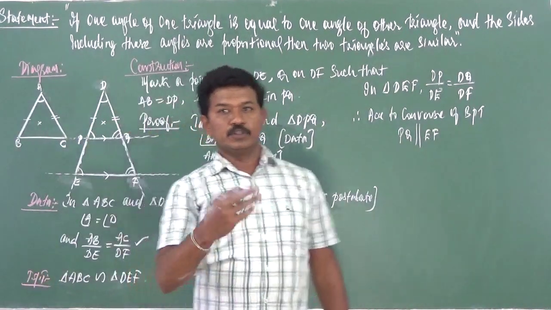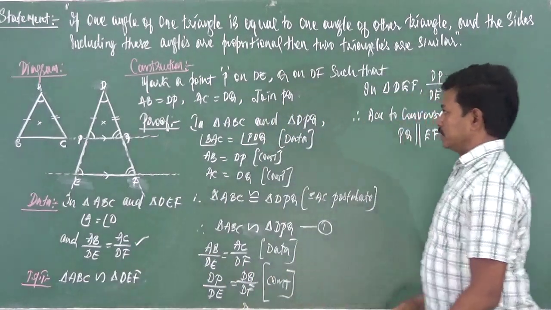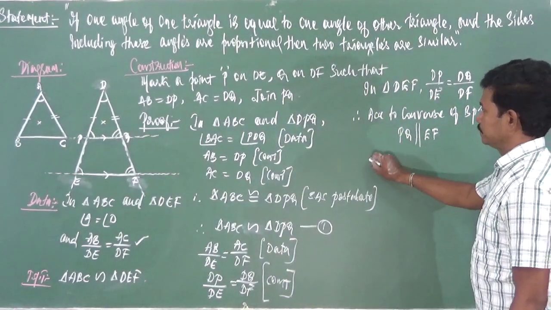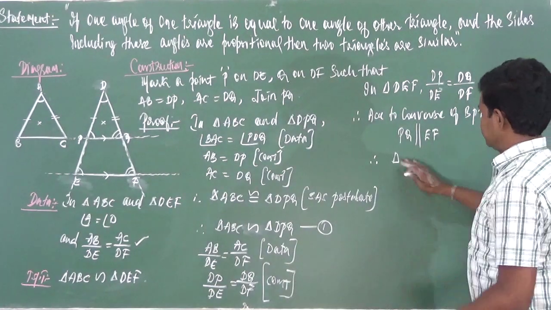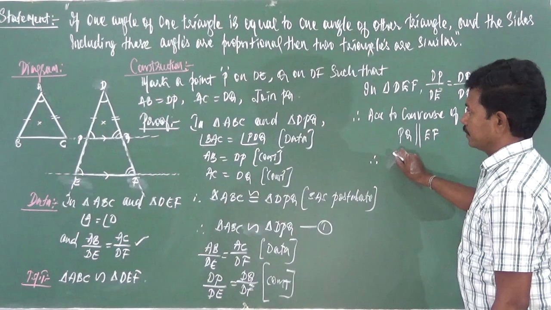So then both the triangles are similar, that is triangle DPQ, therefore triangle, okay, now we'll write the angles.